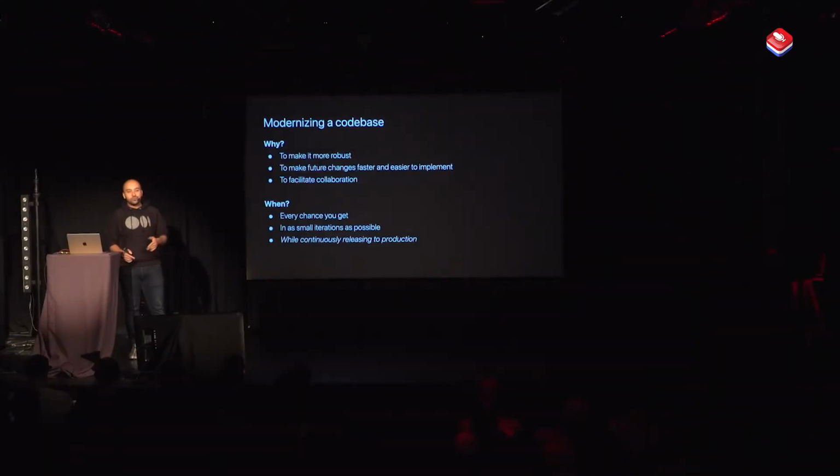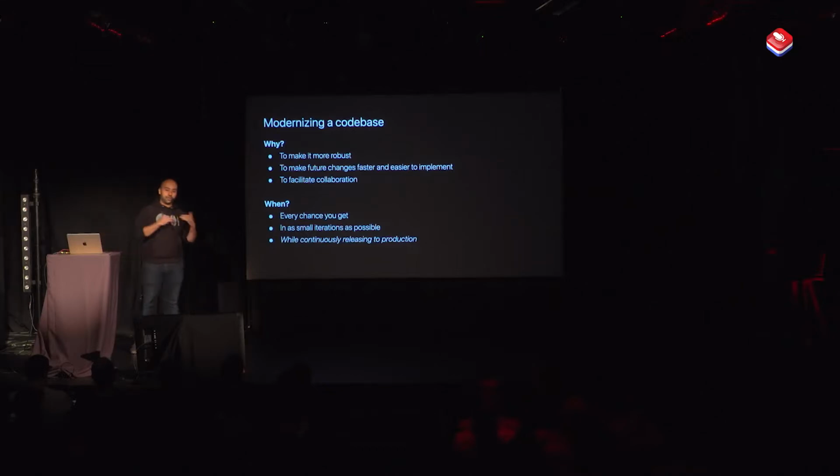And if you're not told off, 2 years from then, you're going to still be into this rewriting. So my opinion on this is every chance you get, you just clean your code base. You should try and modernize it, maybe add some tests, modularize it, etc. And you want to do it in as small iterations as possible because you're continuously releasing to production. Or at least that's my life, and I guess it's a lot of yours also.